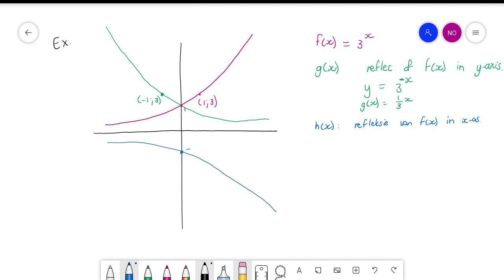So this becomes -1. And that point there becomes 1 and -3. Because the y values become negative, not the x values.